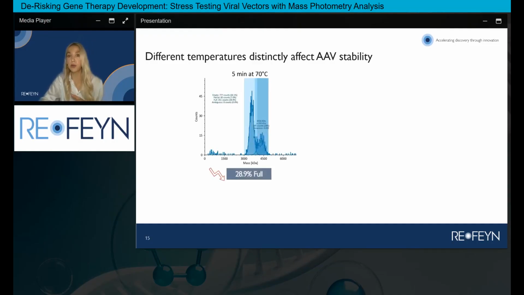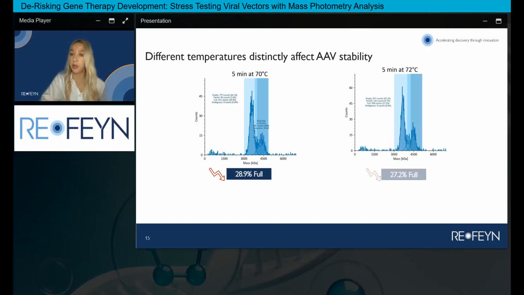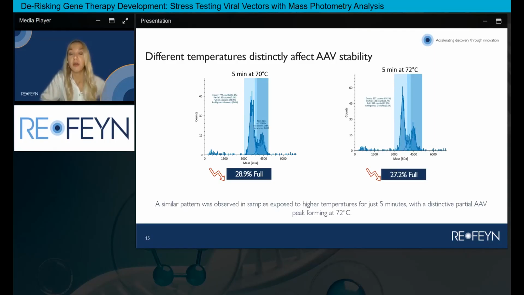For a shorter period of time at 70 degrees, we can see the genetic payload leakage and that population shift in full and empty, with around 28.9% full. But there is some difference in the pattern, where we can see a distinctive partial population of AAVs.